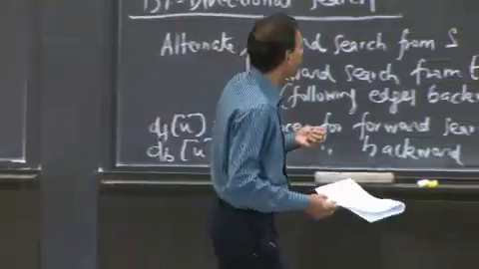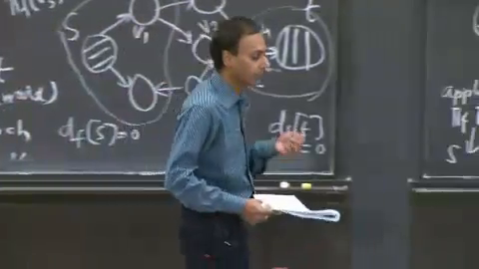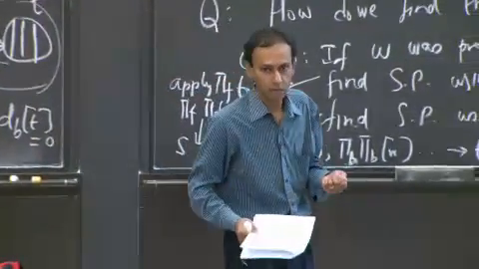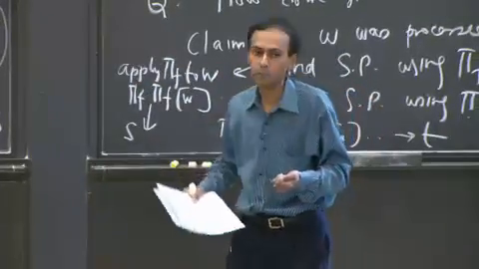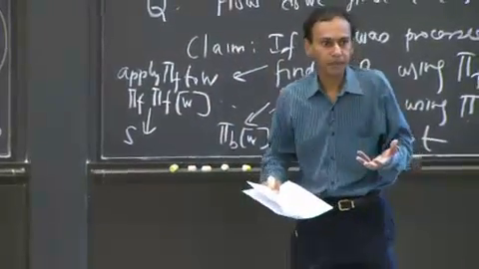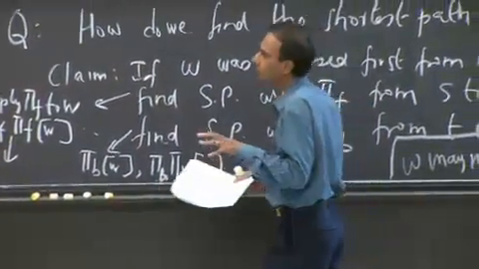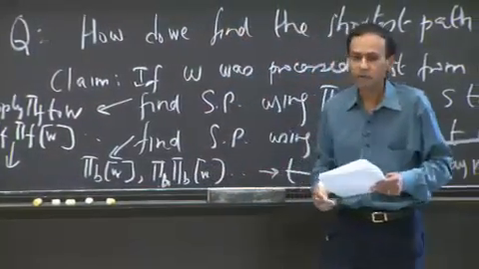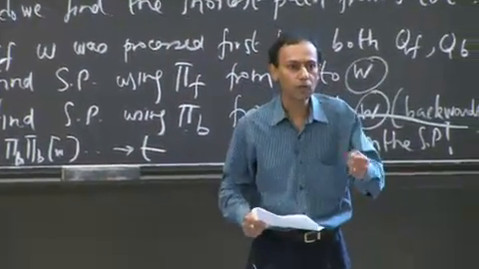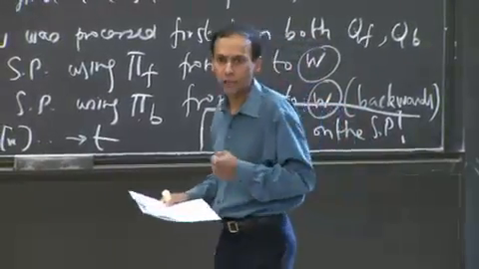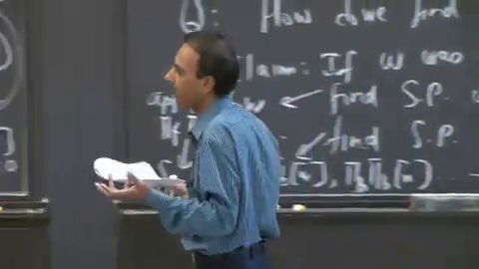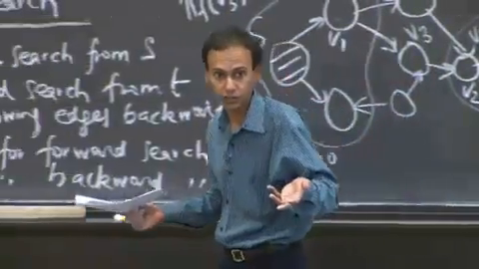If I look from the standpoint of the backward weight, I get DB of S equals 10. And we all know that the shortest path should be 9. So what happened here? Well, we terminated according to this condition. We terminated when W was pulled off from QF and QB, because that was the short path in some sense in terms of the number of edges.